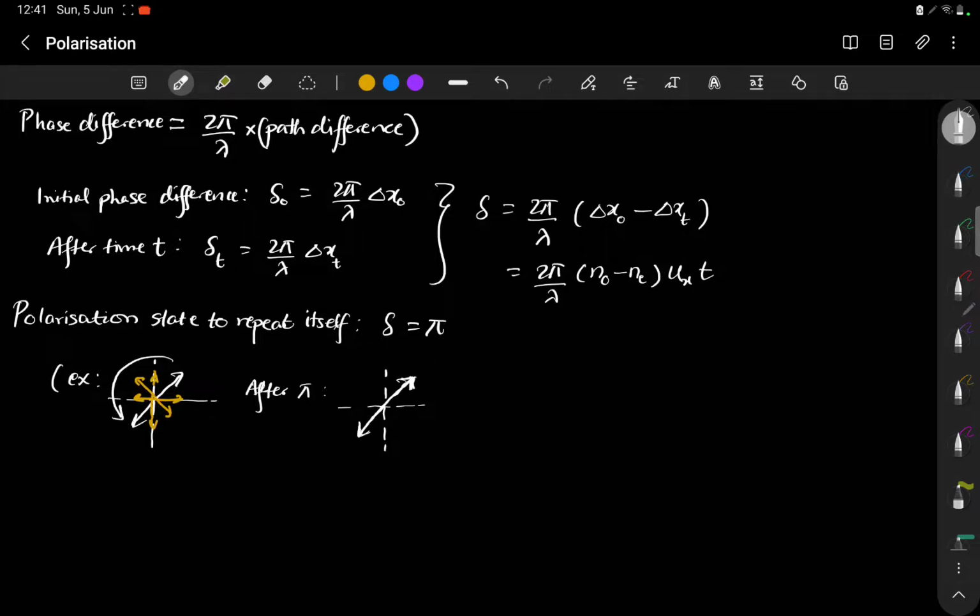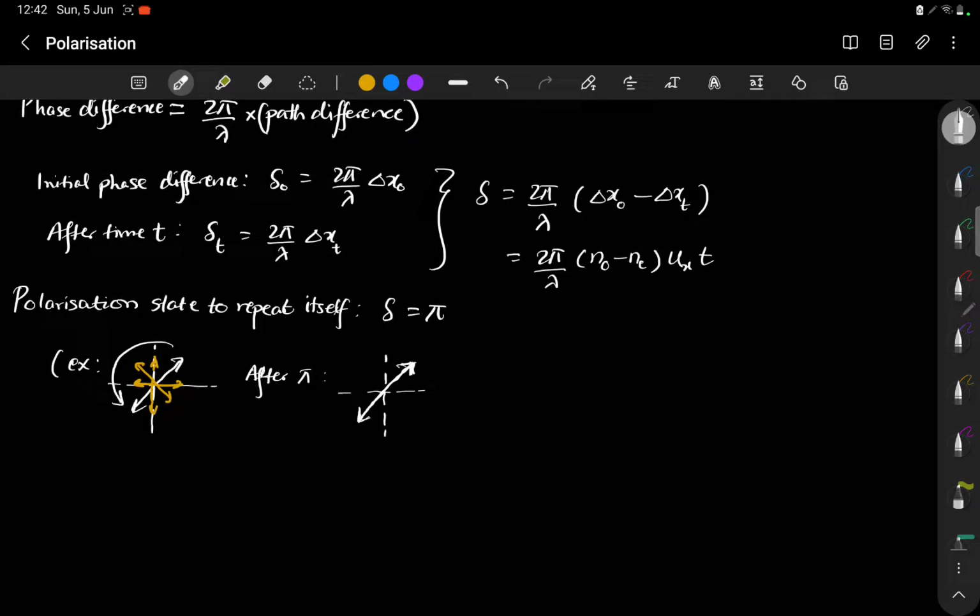Similarly we can see for elliptical polarization also. If we start off with, let us say, some elliptical polarization like this, then it will rotate, keep rotating, and after pi it will again come back to its original state of polarization.